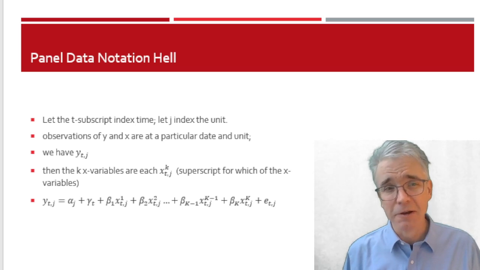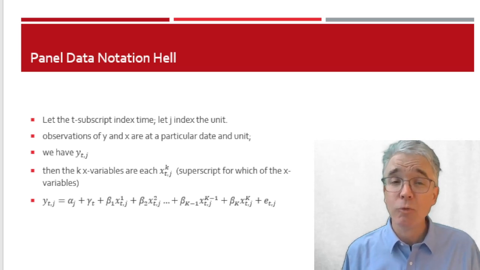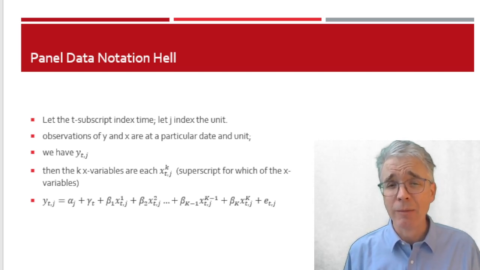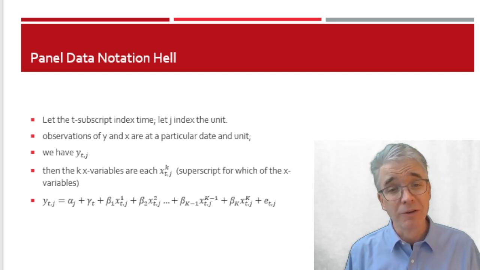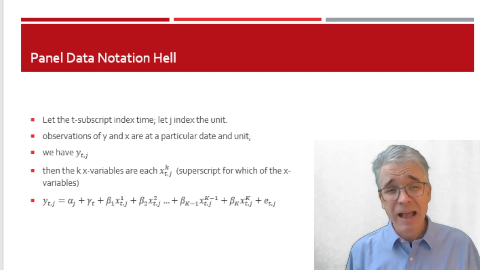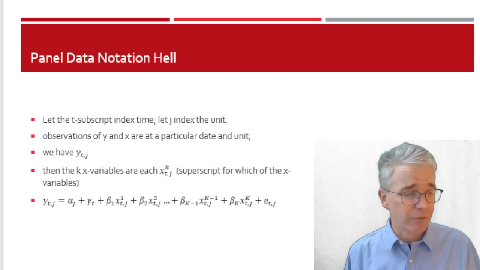Then there's an error term. But note the distinction between the alpha_J and the gamma_T. The alpha_J are the unit fixed effects, which do not change over time, so there's no T index. Whereas the gamma_T are the time effects. They're common for every unit, so there's no J subscript.